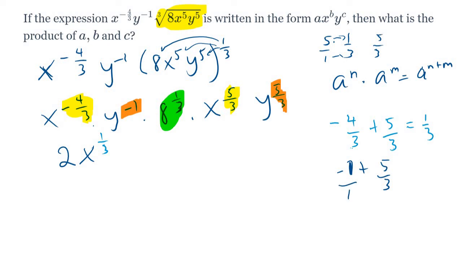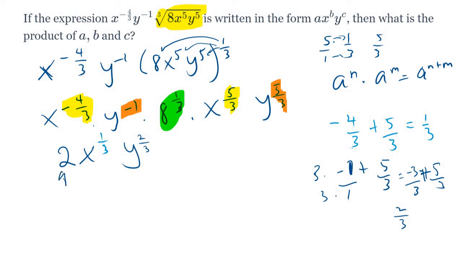So put 1 over here, multiply by 3, multiply by 3. So that will be negative 3 over 3 plus 5 over 3. So that will be 2 over 3. So y has an exponent of 2/3. Now we got everything simplified to that form.